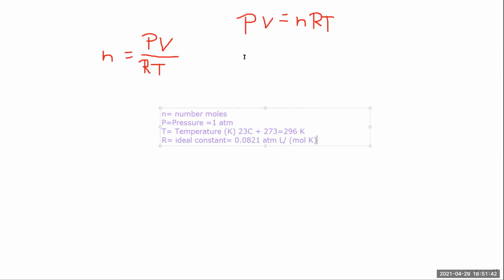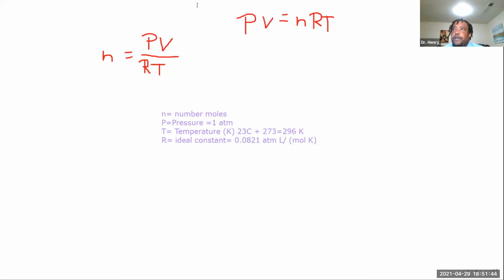Okay, so we plug all of these into our equation. We had our volume, we just got, what was it? I don't remember. 0.233 or something like that? Yeah.